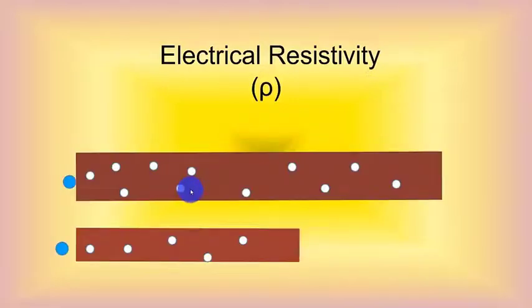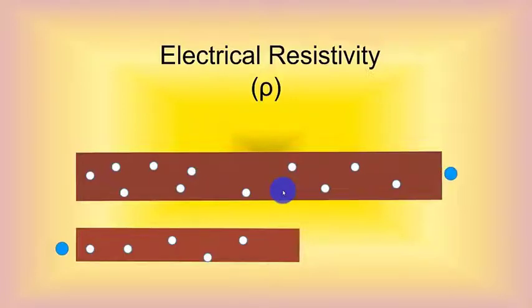Here you have two conductors with different lengths, one with larger length and the other with shorter length. The electrons passing through the first conductor, which has the larger length, should collide with more atoms present in the conductor. Electrons have more possibility of colliding with the atoms of this conductor.